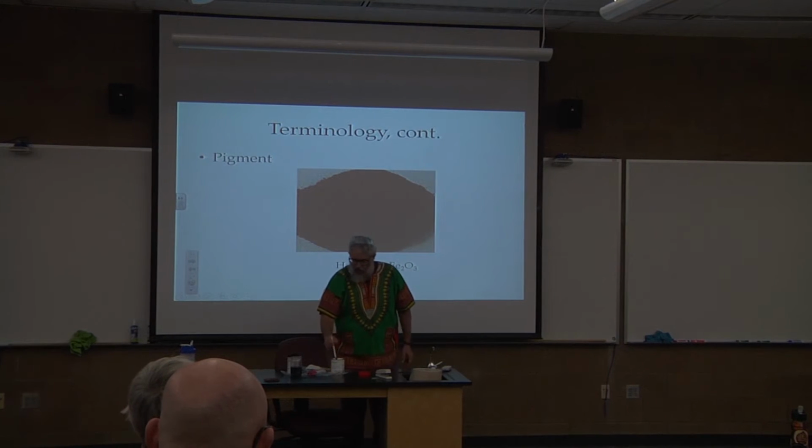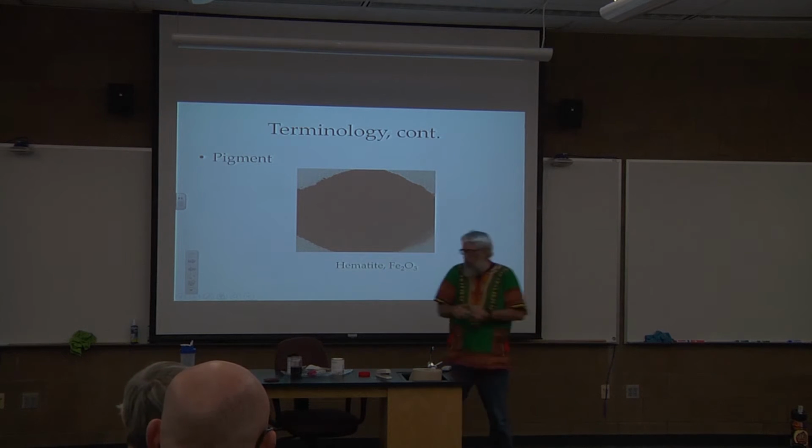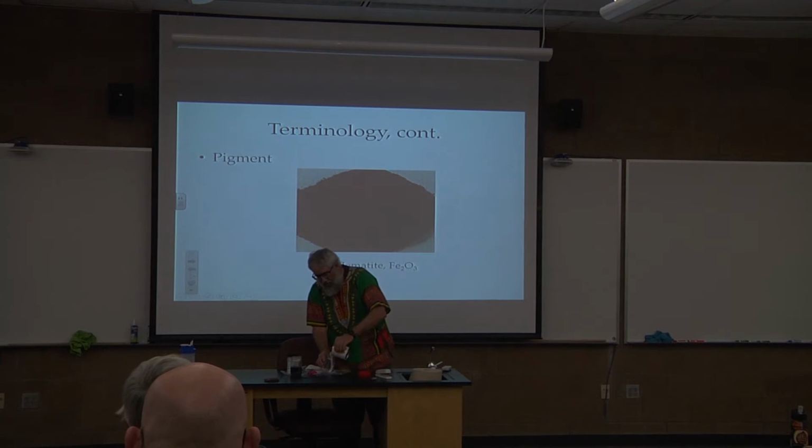I know you can't see this very well, but if I hold the brush up, you can see the white paint. If I take a little bit of this paint and put it into another jar, you'll notice I do have a covering for the table here. So there we have some white paint. This does contain a pigment.